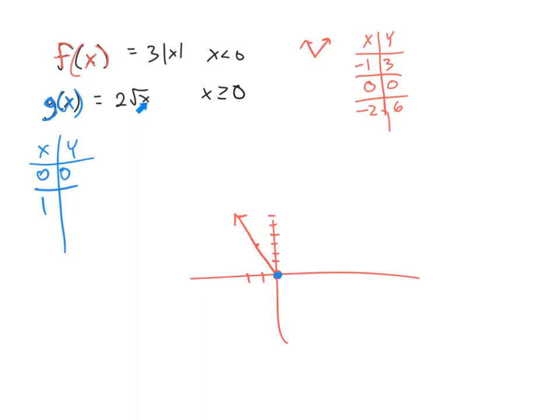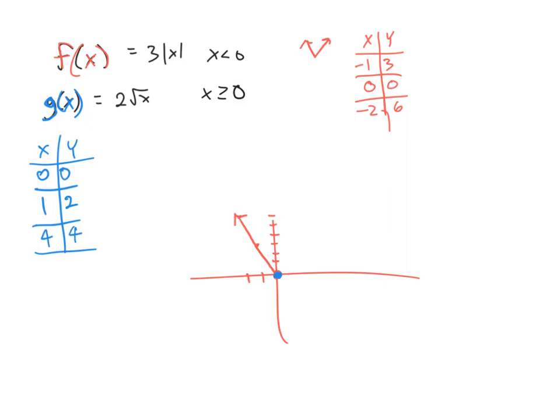I plug in 1 here. The square root of 1 is 1. 1 times 2 is going to give me the height of 2. Let's go ahead and plug in 4, because that's a clean number. The reason I'm picking 4 is because I know the square root of 4. The square root of 4 is 2. 2 times 2 is going to give me 4. So let's plot those.